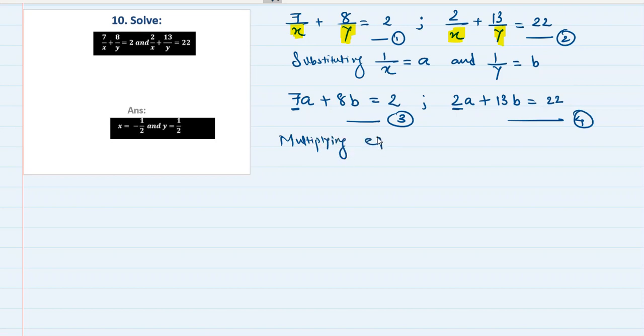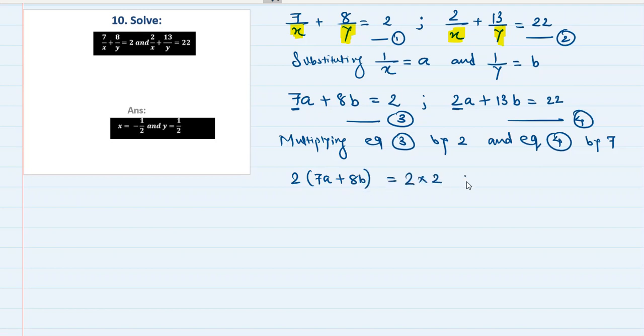So, multiplying equation 3 by 2 and equation 4 by 7. What will we get? 2 bracket 7a plus 8b is equal to 2 multiplied by 2, and here we are going to get 7 multiplied by 2a plus 13b is equal to 7 multiplied by 22.